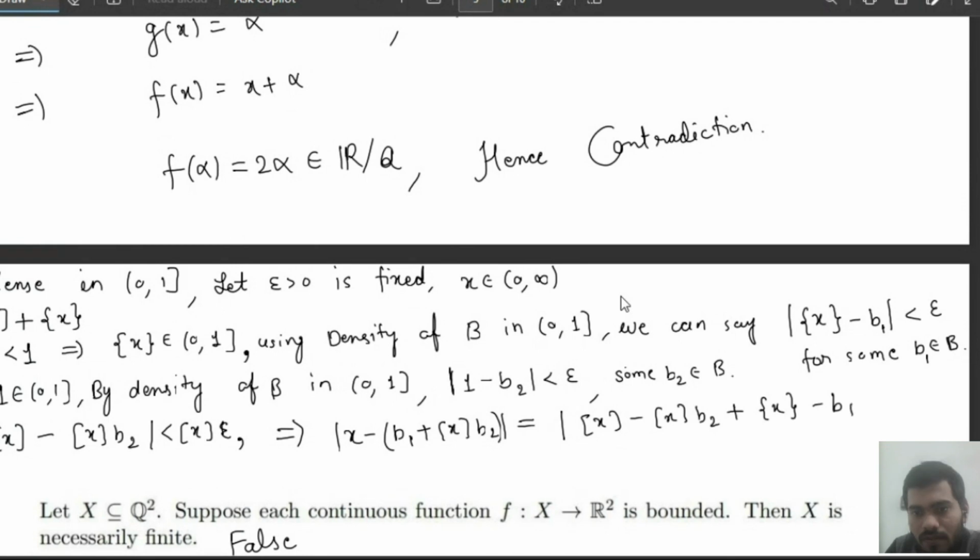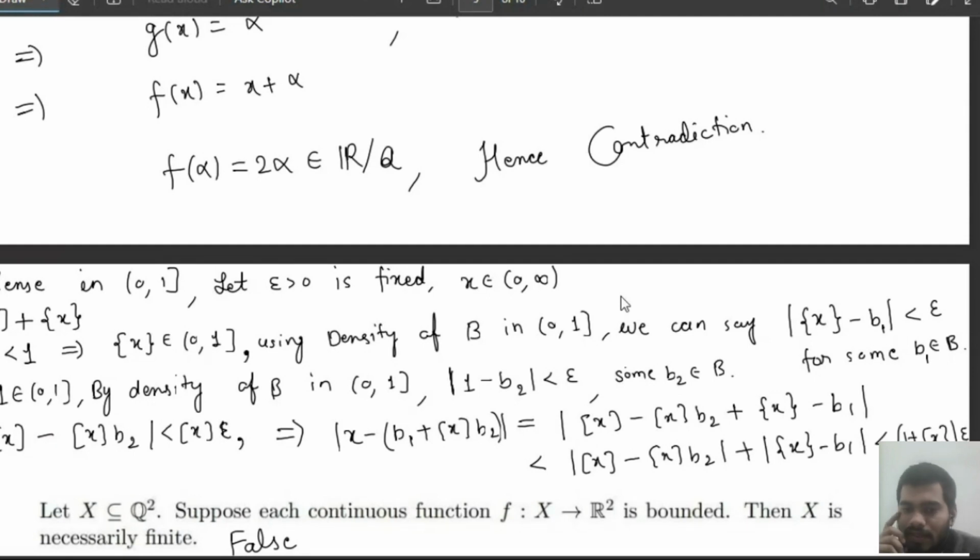Is it fine? Now by the triangle inequality, this thing is less than this, and which is actually less than 1 plus the integer part of x times epsilon. Is it fine?